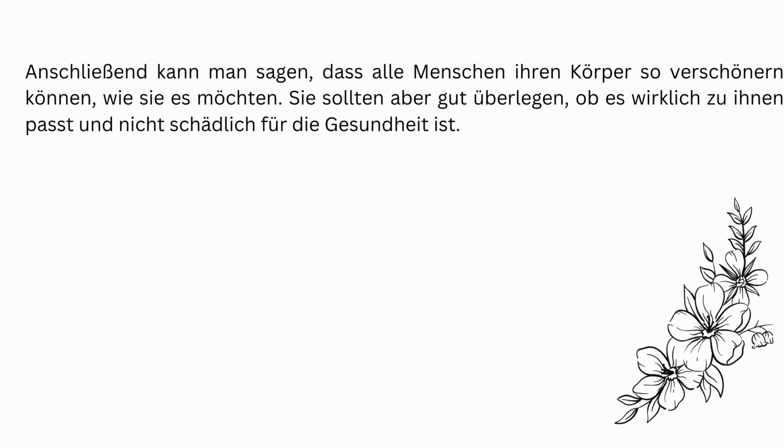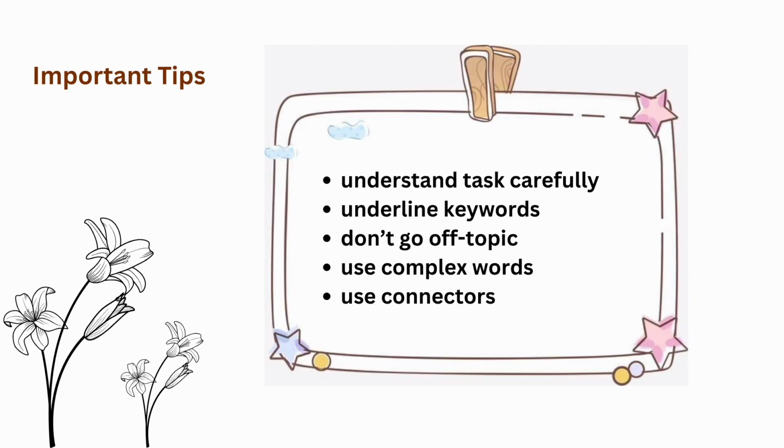Here are some important tips to pass your exam like a pro. Many students lose points because they don't fully understand the task or they write something different from what is asked. That's why you need to understand the task carefully. Very important tip: always read the question carefully before you start writing and underline the keywords. And please don't go off topic.